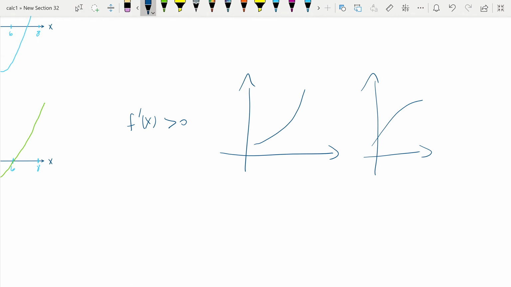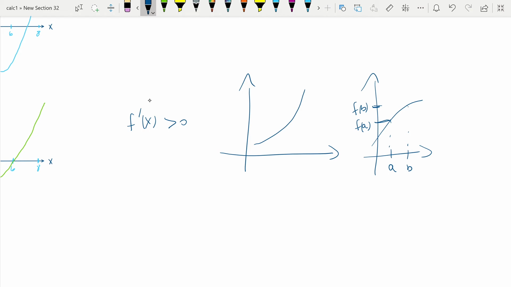In either graph, as you move to the right, to higher values of the variable x, from point A to B, B is greater than A, then the value of f increases. So the value of f at B is going to be greater than the value of f at A. So the function is going up.